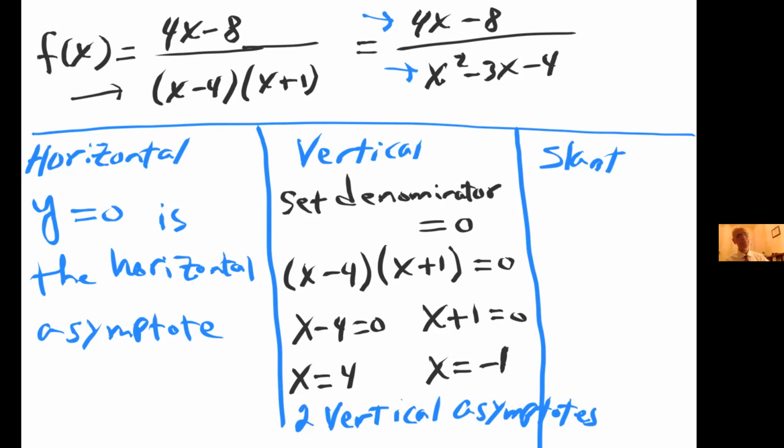So once again, no slant asymptote. I didn't have to do any work for that. Now let's go to the next page and graph this.